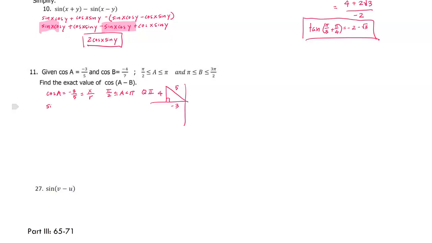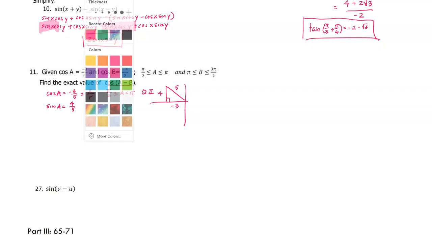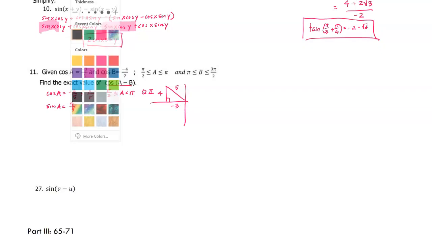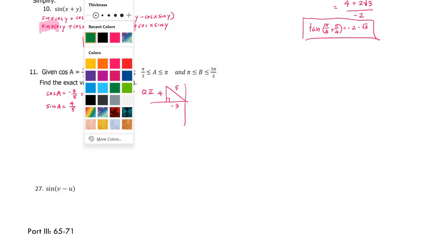Okay, so I'm going to write down what I found. Sine of A, because it tells you to find cosine. To find cosine of the difference, you need both sine and cosine of that angle. So that's going to be 4/5. Okay, the other angle, let's go ahead and just put these as different colors.